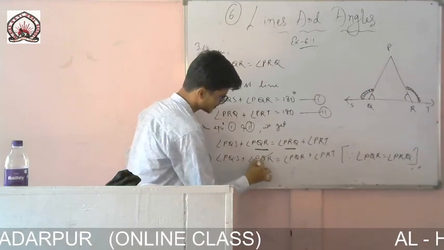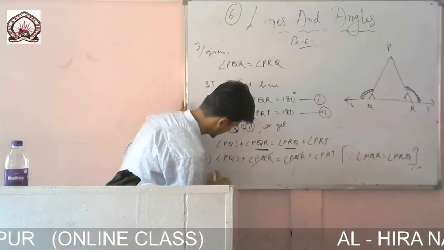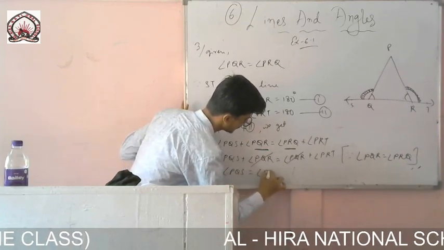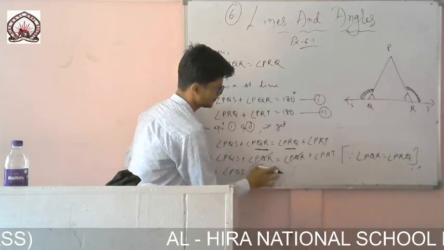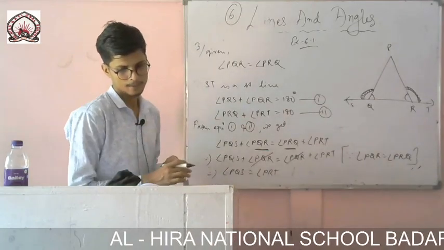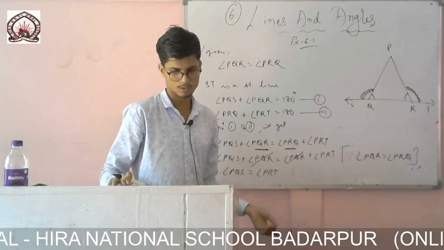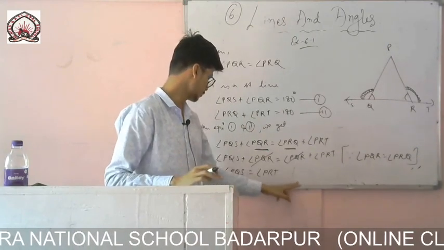Now you see here, this one and that one I can cancel. So what is left: angle PQS is equal to angle PRT, and I think you are supposed to prove this one. So you can write hence proved.